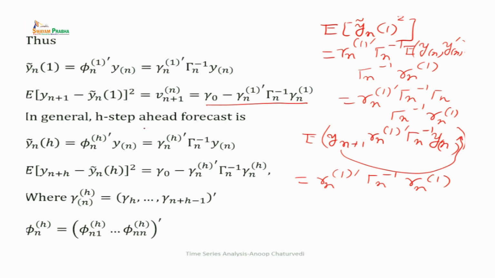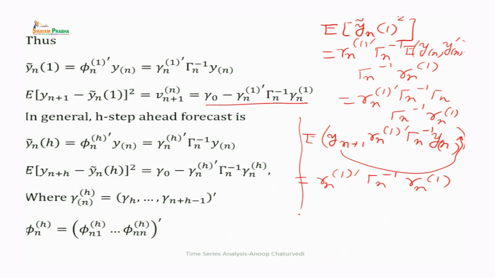In general, for the h step ahead forecast, y curl n h is equal to, say, phi n h transpose y n, and this is equal to gamma n h transpose capital gamma n inverse y n, and the h step ahead prediction mean squared error is equal to gamma naught minus gamma n h transpose capital gamma n inverse gamma n h.